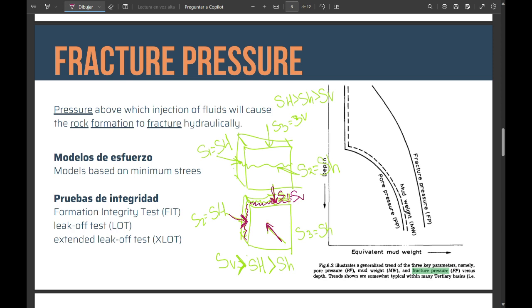Y en la otra, si el esfuerzo máximo está en esta cara, es mayor con respecto a esta, pues tendrá una configuración de esta forma. Ok, entonces todo esto va a depender mucho de la magnitud, de los tipos de esfuerzo, y cómo se generará para que posteriormente sea calculado en los modelos de esfuerzo mínimo, ¿ok?